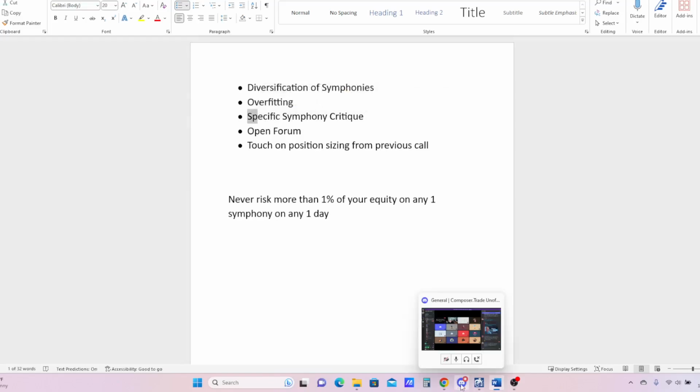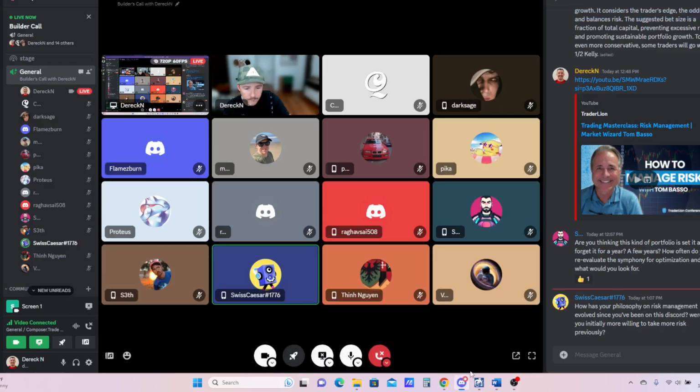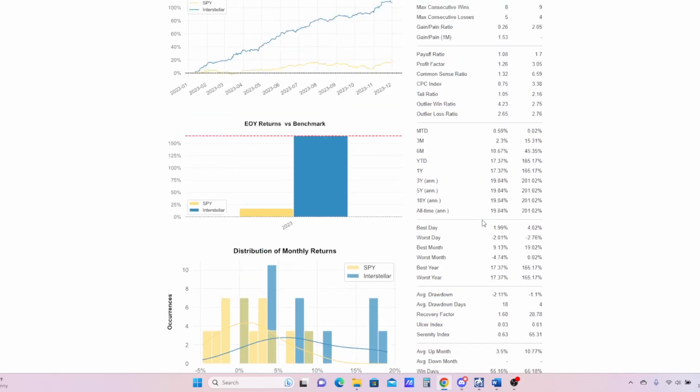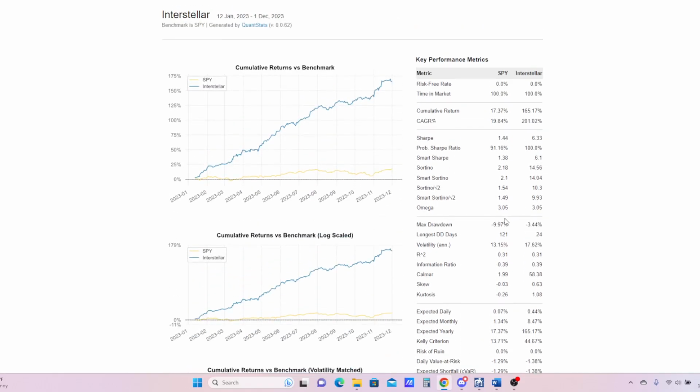Could you scroll up to the Sortino and Sharpe on that screen? Yeah, on this one. Okay, so what I just learned is that Sortino divided by the square root of 2 is equalized with Sharpe. Here, that 10.3, that's equalized with Sharpe, so that you can compare the two.